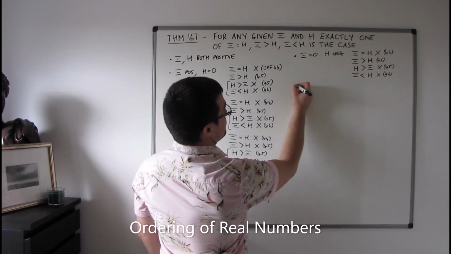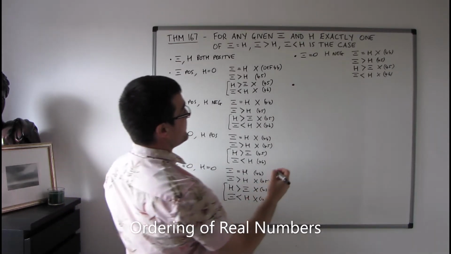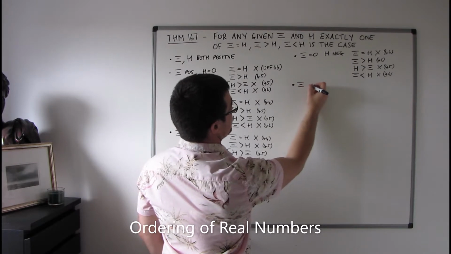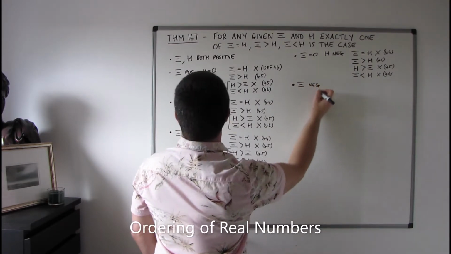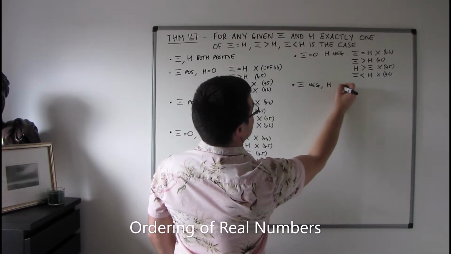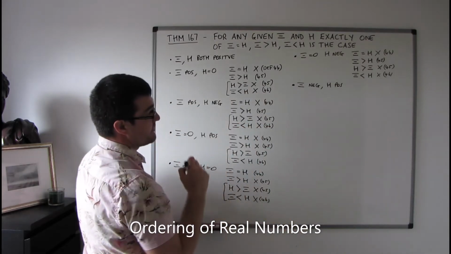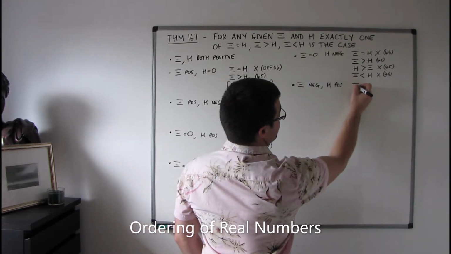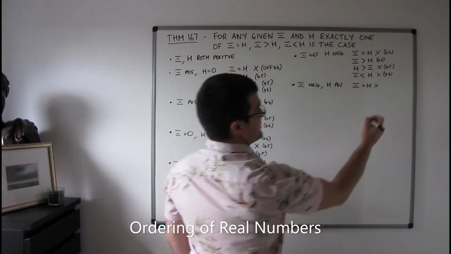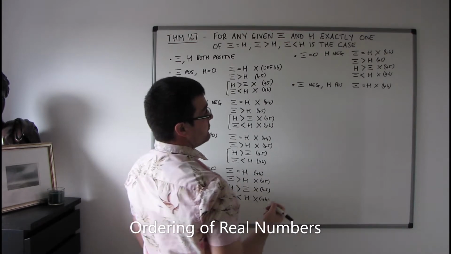And now we're on to negatives. So let's say that psi is negative and eta is positive. So in this case, definition 44, equality doesn't hold. What can I say?